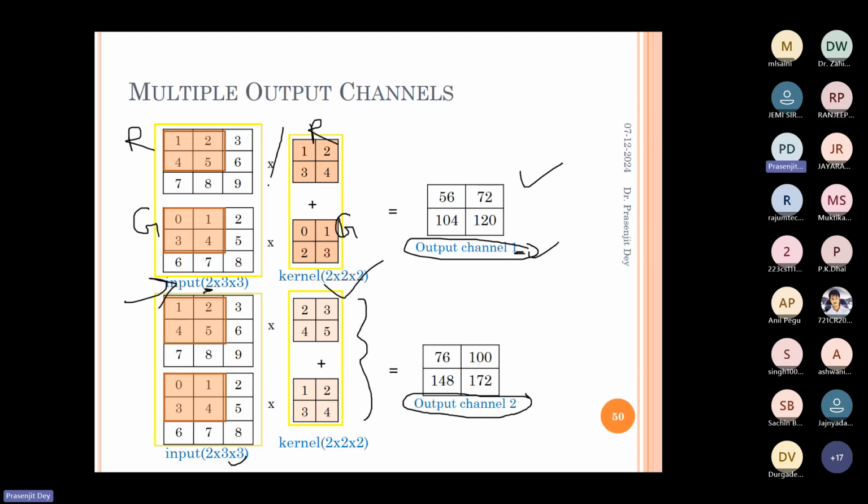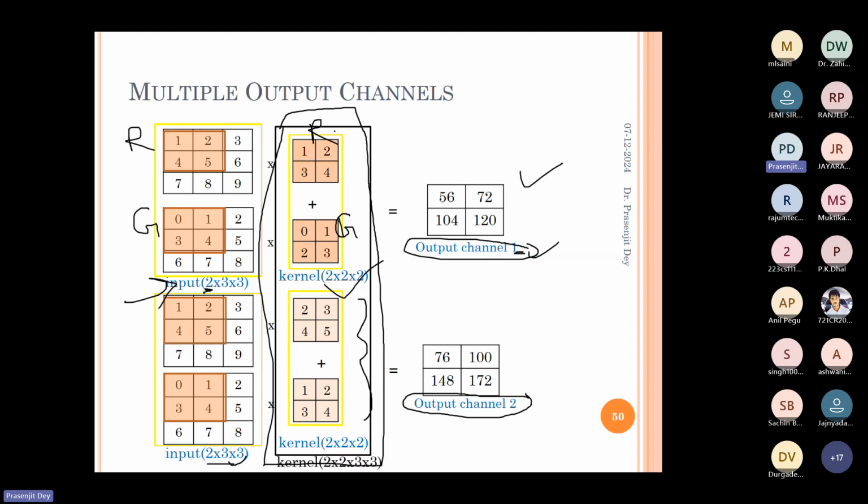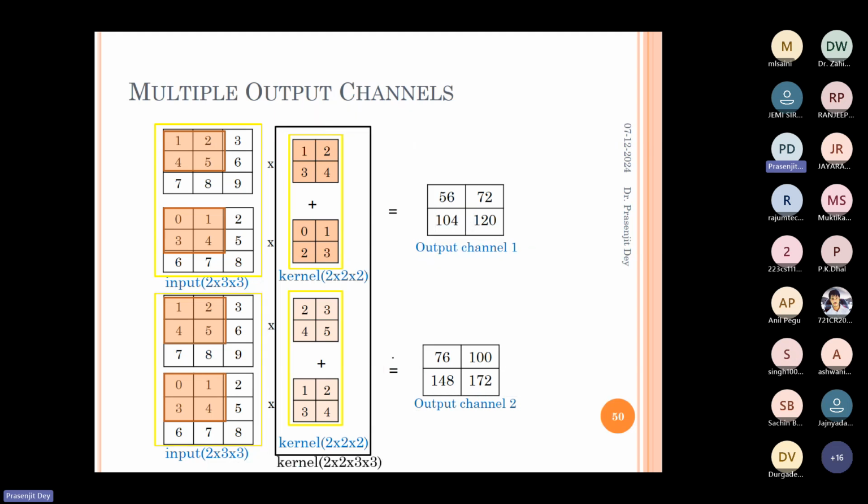So basically, if the input is 3-dimensional, I have to use a kernel which will be a 4-dimensional tensor. And that is why from the beginning of our talk I was using the term tensor over vector, because as you can see in this example, the kernel is a higher dimensional object. So a kernel, as we know, is nothing else but a set of weights, a weight vector or weight tensor.